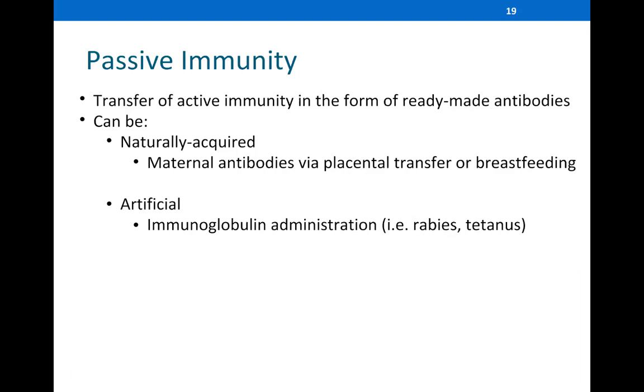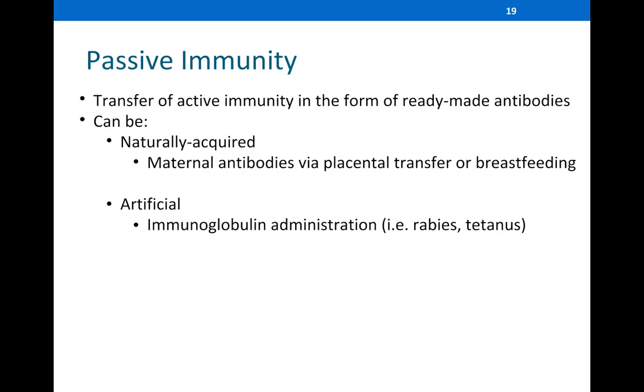When we say naturally acquired, a perfect example of passive immunity would be maternal antibodies via placental transfer or breastfeeding. And the other one would be the artificial, giving immunoglobulin, or immunoglobulin administration, such as rabies and tetanus immunoglobulin. These are preformed antibodies which, when they are administered, you will receive passive type of immunity.